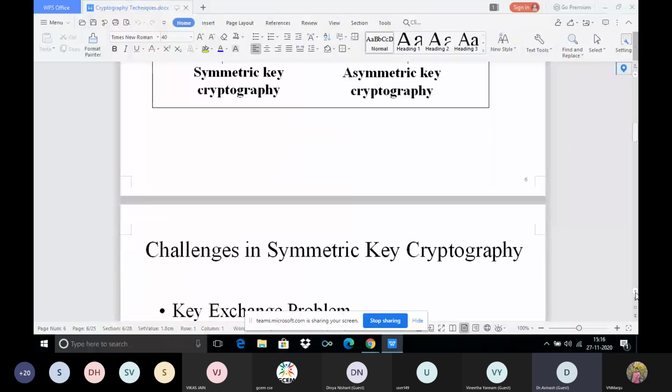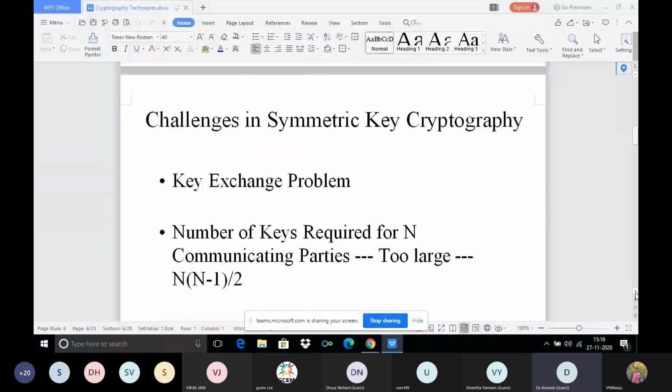These are the various challenges in the symmetric cryptography technique. One is the key exchange problem. There could be a key exchange problem between the sender and receiver, and because of that, there could be a problem in symmetric key cryptography. The other is the number of keys required for n communicating parties.